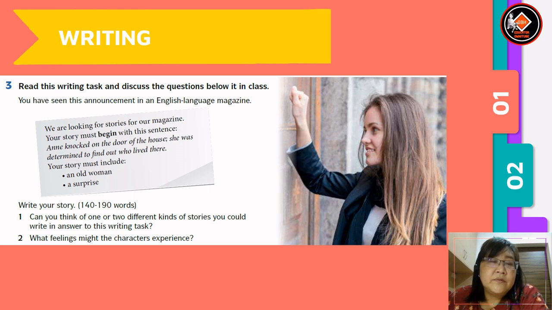She was determined to find out who lived there. Your story must include an old woman and a surprise. Write your story in 140 to 190 words. Can you think of 1 or 2 different kinds of stories you could write in answer to this writing task? What feelings might the characters experience?